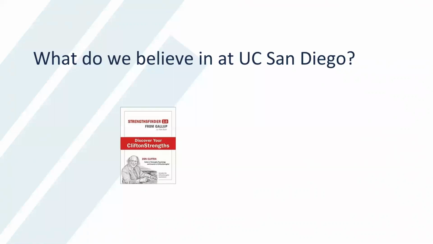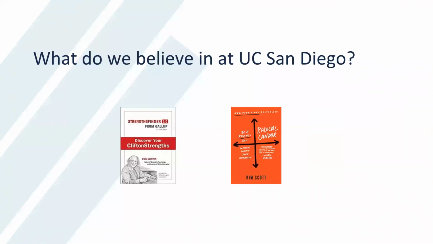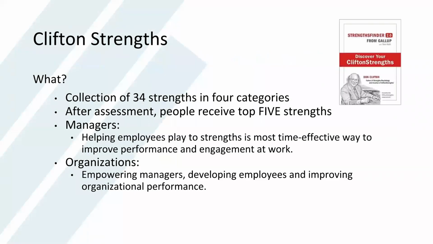The other one's Radical Candor, and I think you may have seen me speak on 1 or 2 of these before. So Clifton Strengths is a collection, and if you don't know, we are actually a Clifton Strengths-based campus, and you can bring in Clifton Strengths experts and trainers into your units if you're interested. They're run out of the Career Services office.